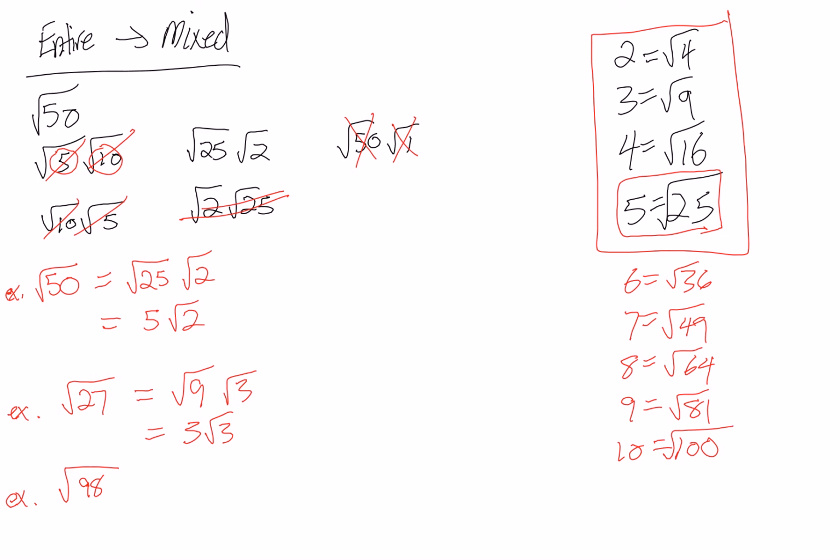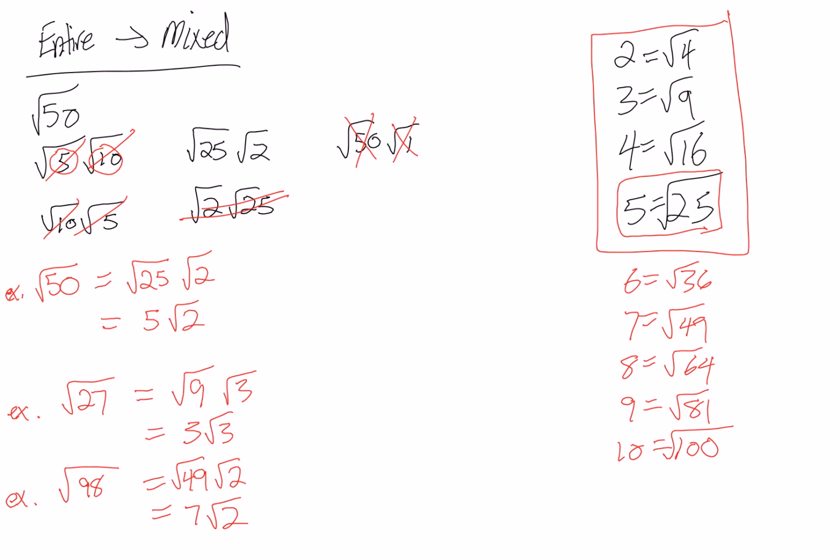The 98 can't be anything bigger than 100, so that's not going to work. 98 divided by 81, that's a decimal. 98 divided by 64 is a decimal. 98 divided by 49 will give us 2. So we'd change it to 49 times 2, and then we'd have square root of 49 as a regular 7. So our final answer should be 7 root 2. Okay, so you get the idea with these.